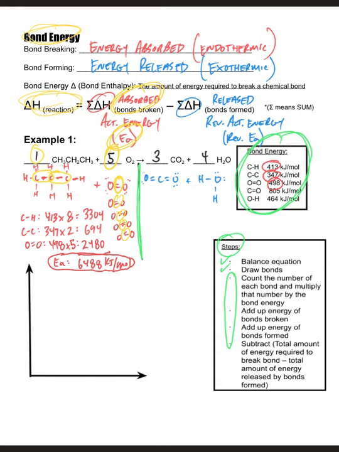Okay, now that I've done the reactants, let's move on to the products. So on the product side, one type of bond that's seen is a C double bond to O. So I'm going to write C double bond O, and the amount of energy for that bond is 805 kilojoules per mole. And I'm going to multiply it by how many of those bonds there are present in this reaction.